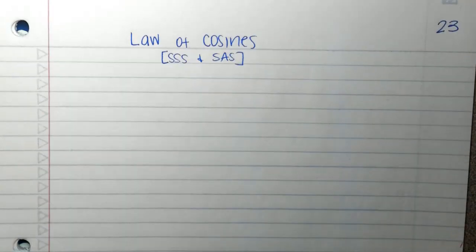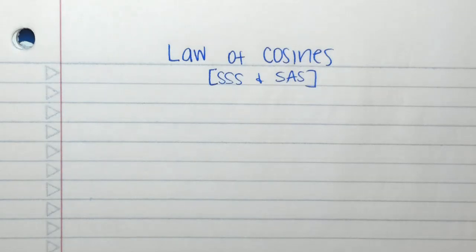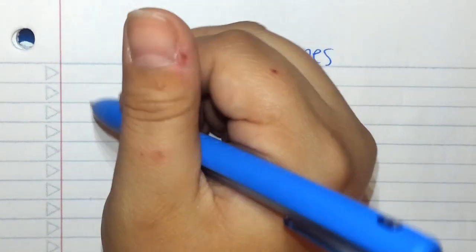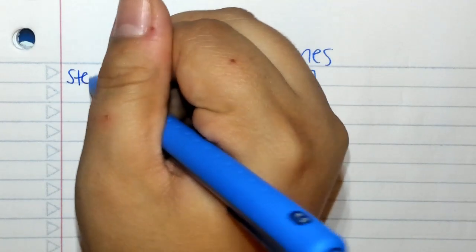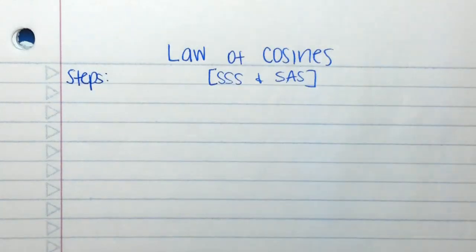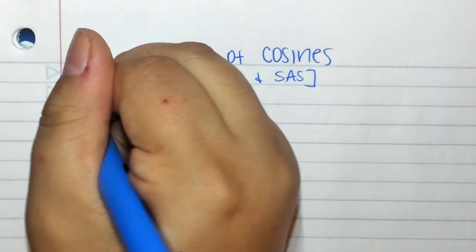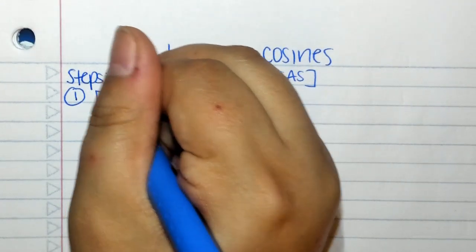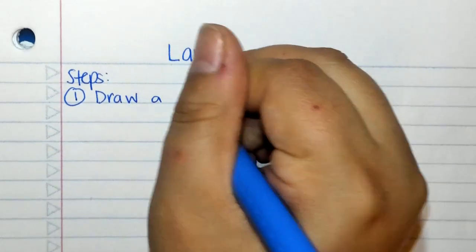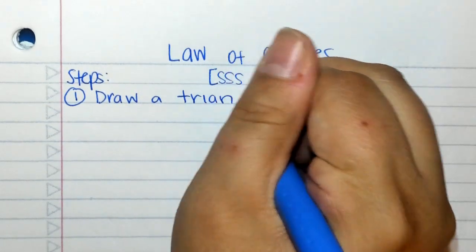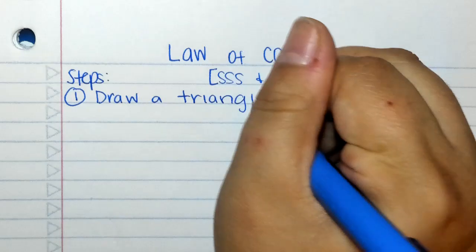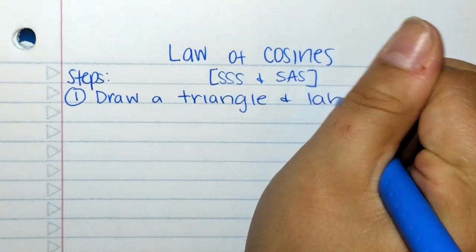All right. If y'all can quiet and look up and write this down, please. For law of cosines, you're still going to have the steps that we took, very similar to law of sines. What do we do first? Draw a triangle and label it.